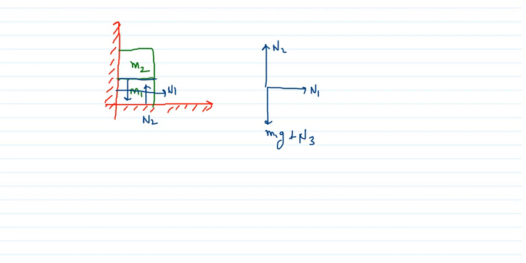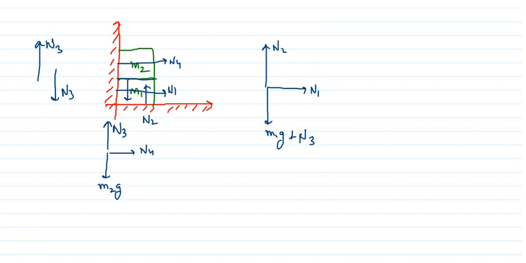Similarly for m2, if I draw the FBD, m2g will definitely be there. Now here you have to think about Newton's third law. m2 has applied N3 on m1, so m1 will also apply N3 on m2 due to Newton's third law. And suppose the normal force from this wall will be N4.